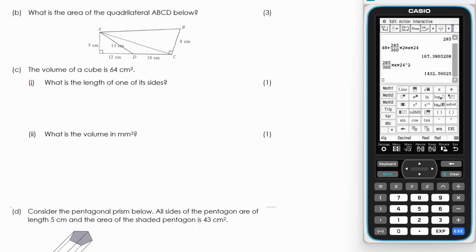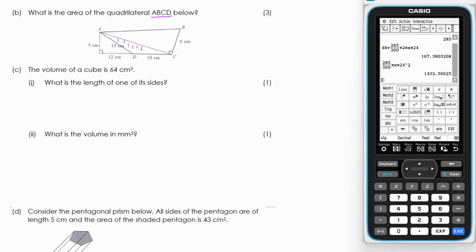We're now asked, what is the area of the quadrilateral below? Now, it's ABCD, so we're going along. So the quadrilateral is this bit along here. Let's just get rid of those lines. And so we can see that we can work it out by working out the area of the two triangles.